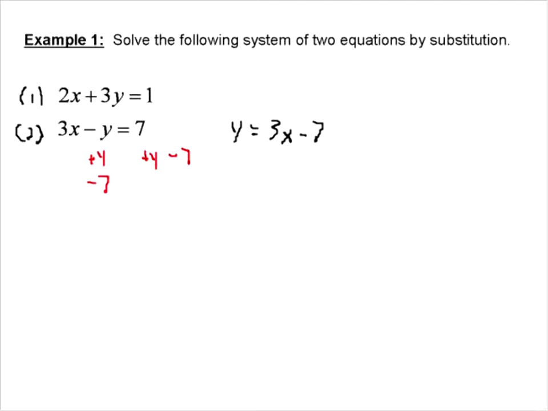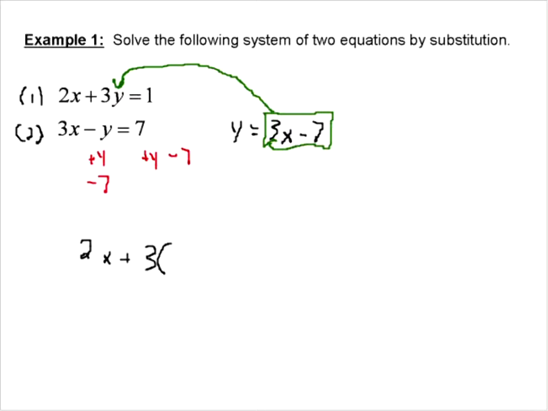So now what we can do is we can take this equation, 3x minus 7, and we can substitute it into the second equation. So when we do that, we're going to get this. 2x plus 3.